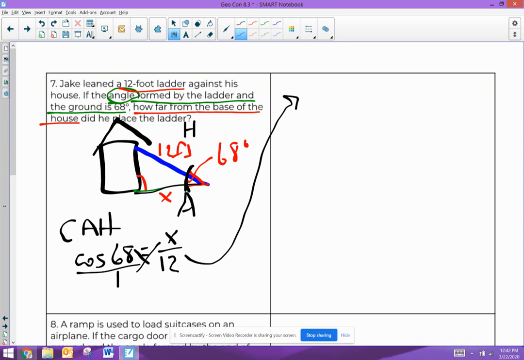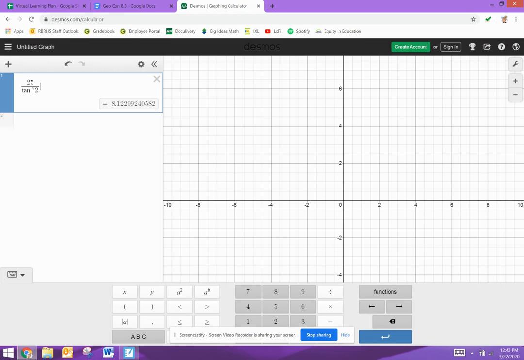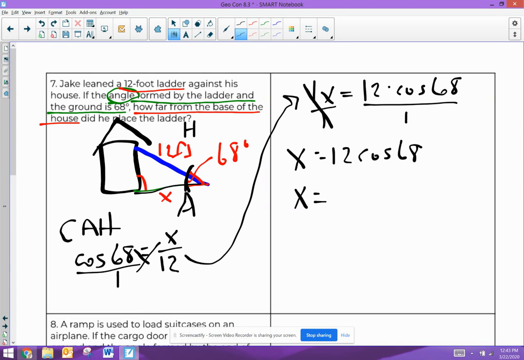So I have 1x equals 12 times the cosine of 68. So that's 12 cosine of 68. Let's do that in our calculator. I'm going to round that to 4.5.